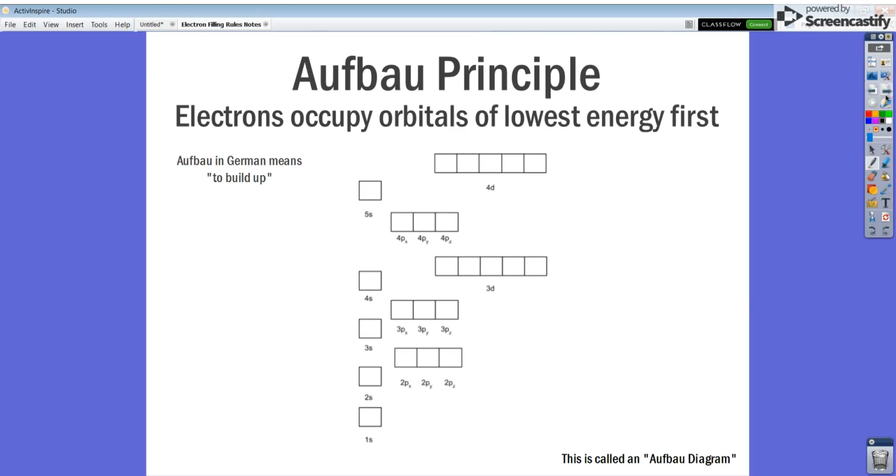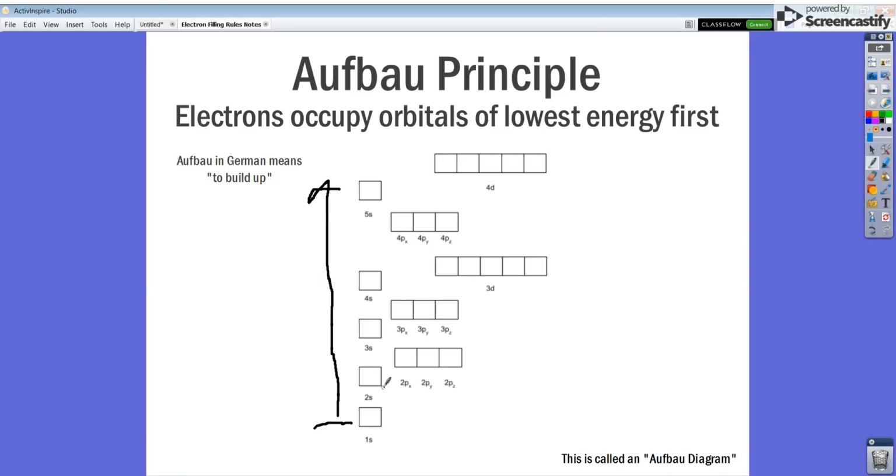Let's start with the Aufbau principle. The Aufbau principle states that electrons occupy orbitals of lowest energy first. How are you supposed to know what is the lowest energy? Well, that's where looking at this Aufbau diagram is really, really helpful. At the very bottom of this Aufbau diagram is low energy, and then as you go up, the energy increases.